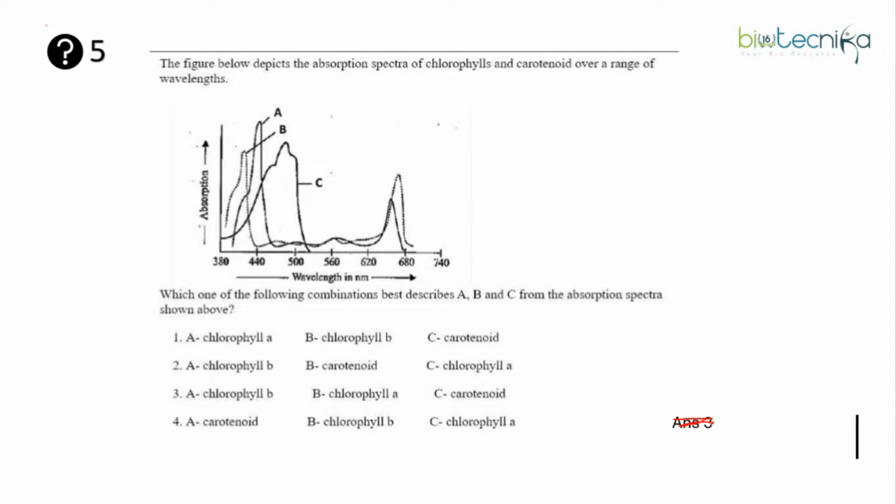For this one, I will remove this answer for the time being. And these peaks are given to you. So you have to identify which peak is corresponding to which one.